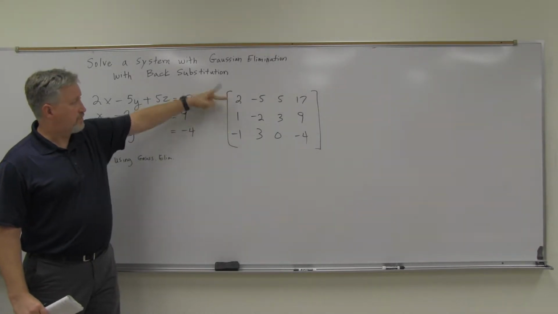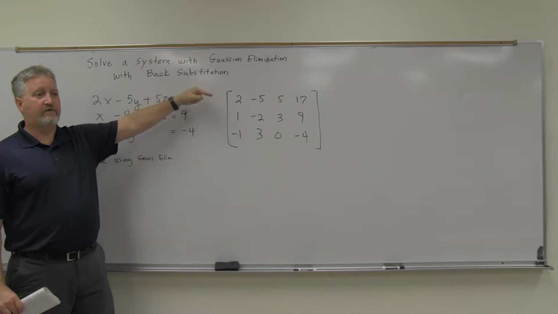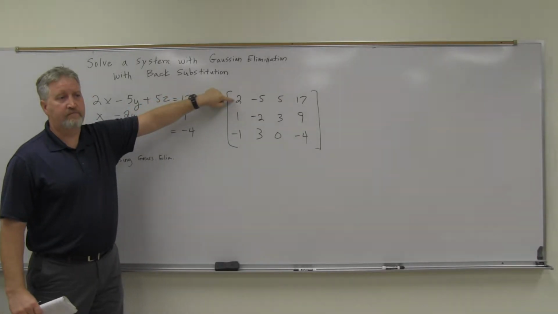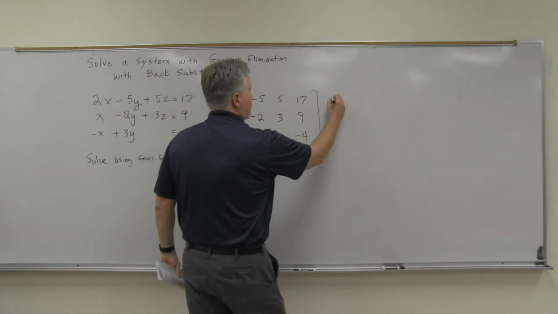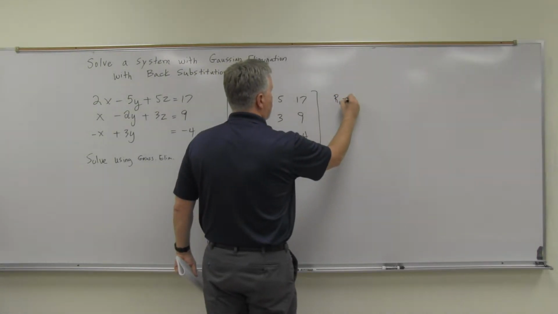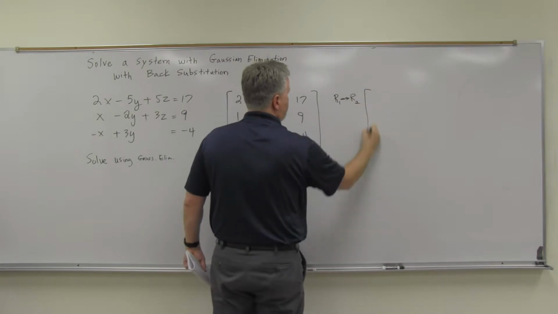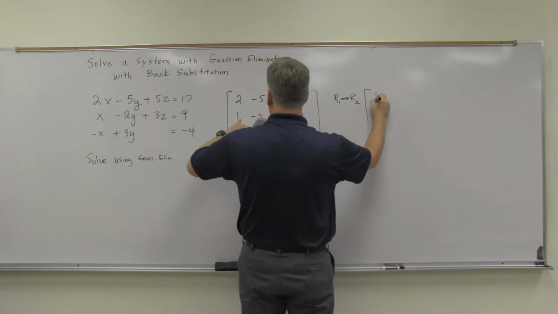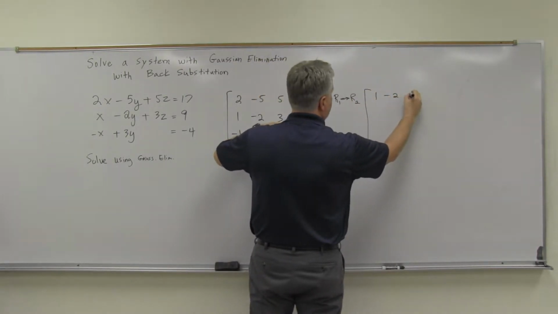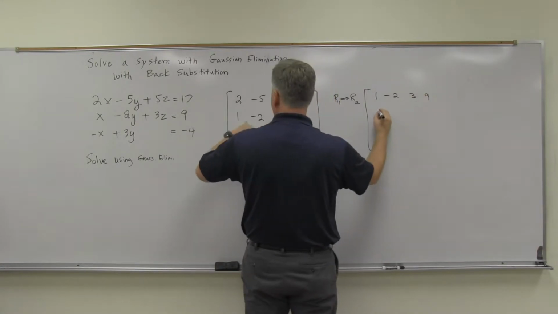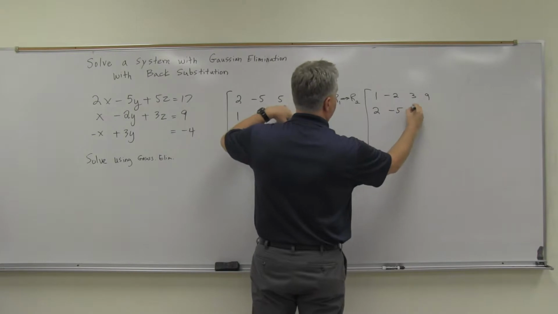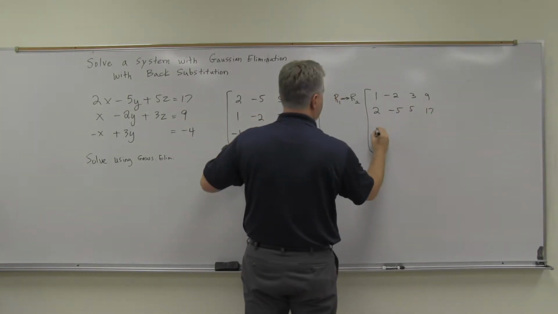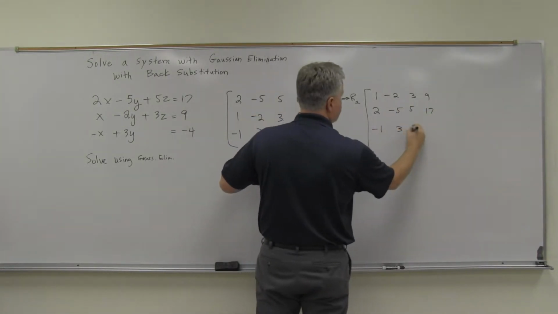And so if I swap those 2 out, that'll give me my first 1 in the right proper spot. So the first thing here is let's just swap row 1 and row 2 out and make it 1, negative 2, 3, 9, and then 2, negative 5, 5, 17, and row 3 as is.